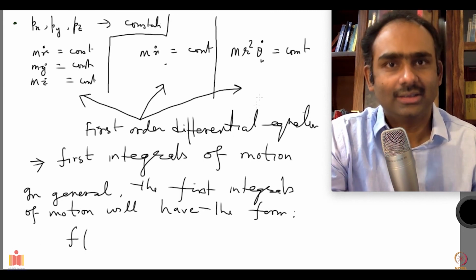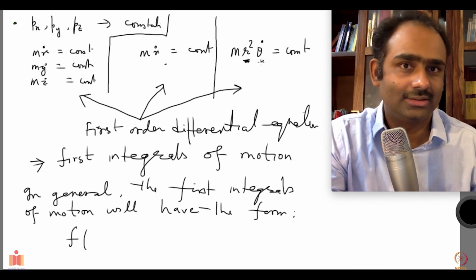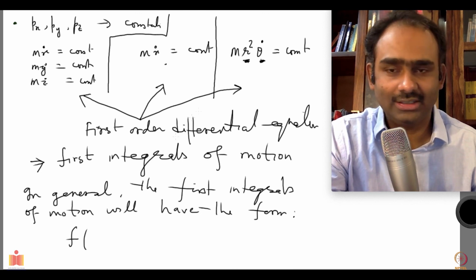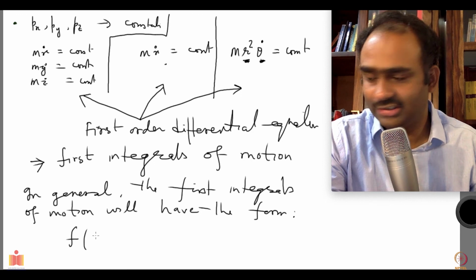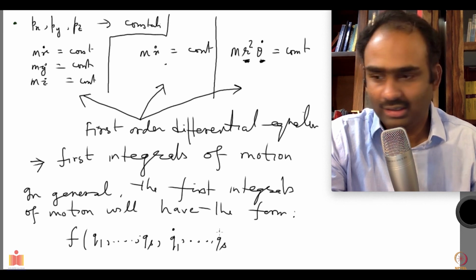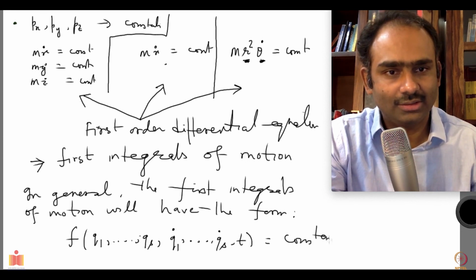Like here it depends on the coordinate r and the first time derivative of theta, so it would be in general a function of the coordinates, let's say the system has s degrees of freedom, and then it will involve the first order derivatives, and possibly time, and this will be a constant.